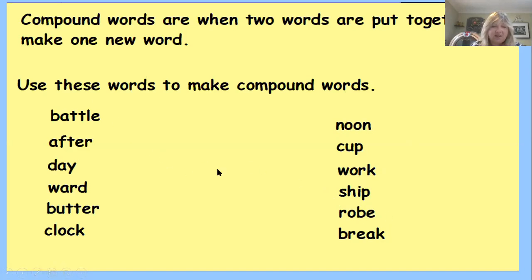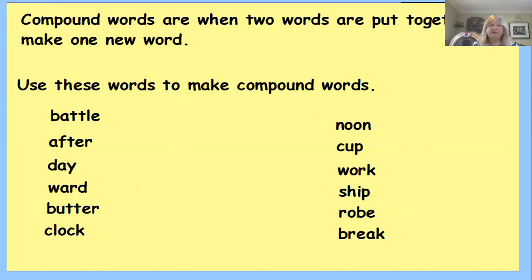And when you mix these up and try to make up new words, you make a completely new word, okay, with a different meaning. So I bet you're already starting to think, oh yeah, I know, I can do this.